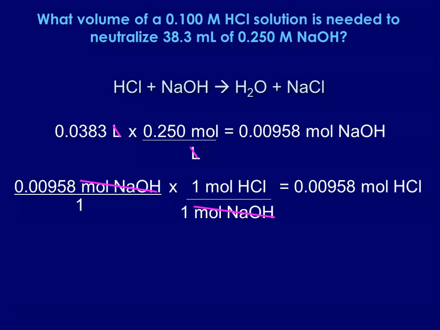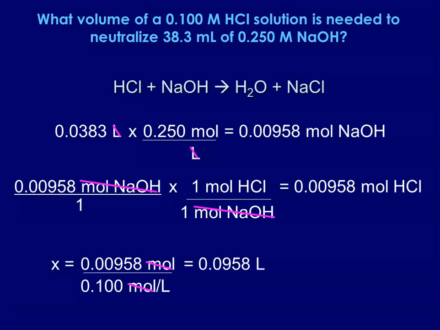And to find volume with molarity, I need moles, what I just calculated. So I can set up my equation so that I solve for volume by taking the moles and dividing by the molarity of my HCl solution. The moles cancel out. They both had 3 sig figs. So I would have needed 95.8 mL of the 0.1 molar hydrochloric acid to completely neutralize all of that NaOH.